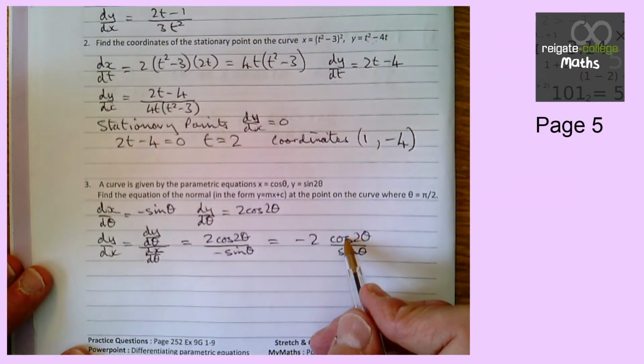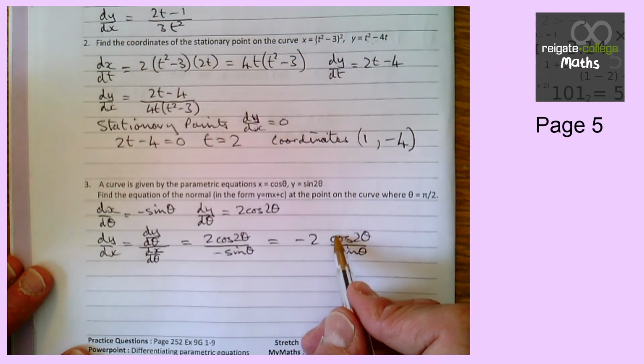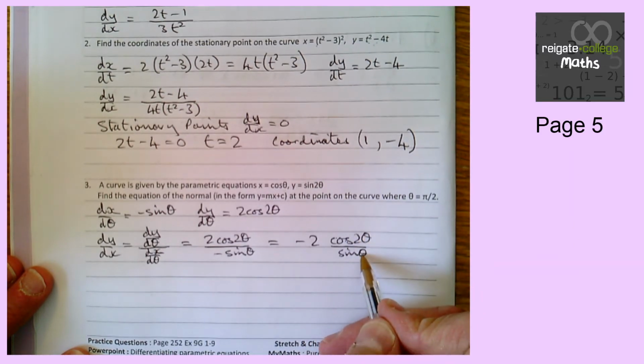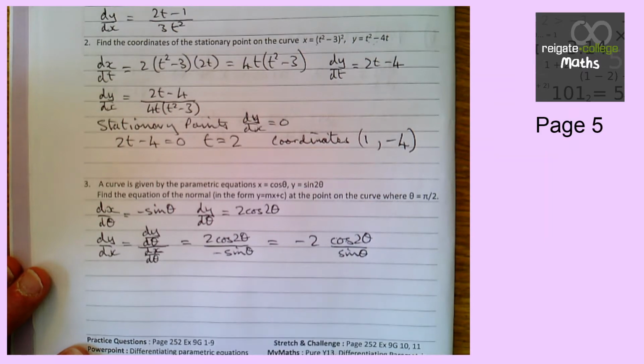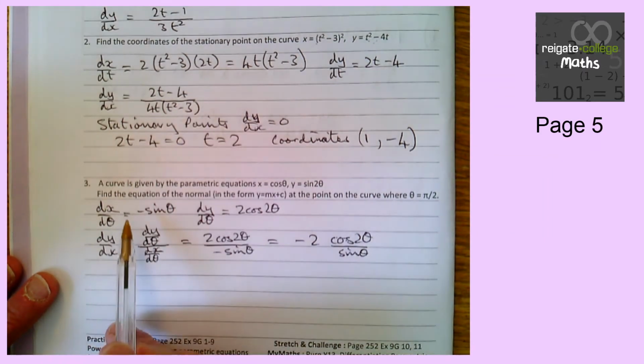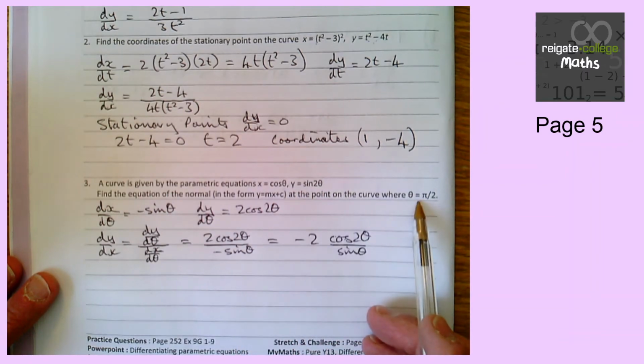Don't fall into the mistake of thinking that this is cosine over sine, so that's cot, because this is 2 theta and this is theta. And what do we want to find? We want to find the equation of the normal at the point where theta is equal to pi over 2.